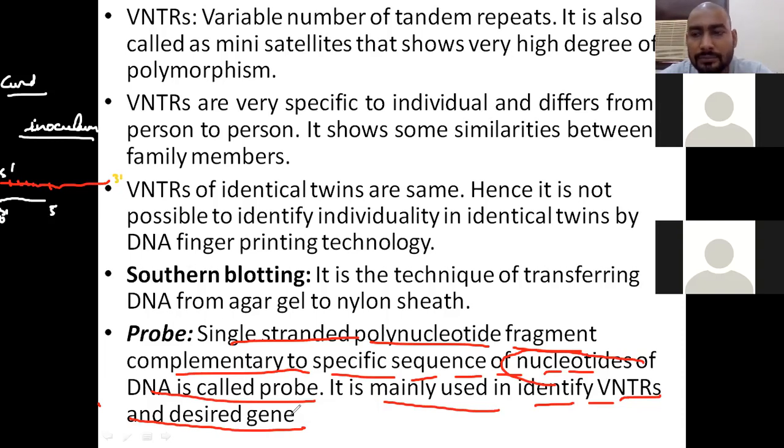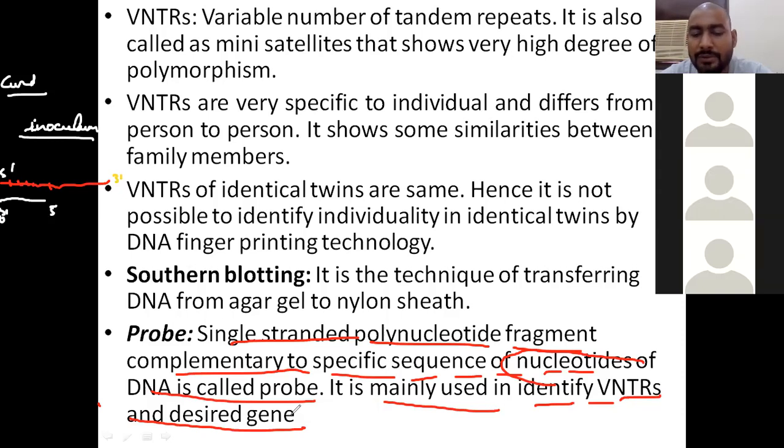Clear? Is it fine? Yes, sir. Okay, very good. So the basic function of the probe is that it is complementary to the polynucleotide strand, and it identifies the location of VNTRs and the desired gene, because whatever you are going to find, you have to already sequence with the probe.